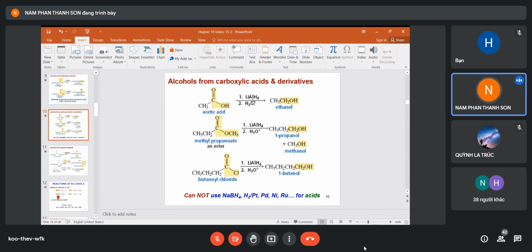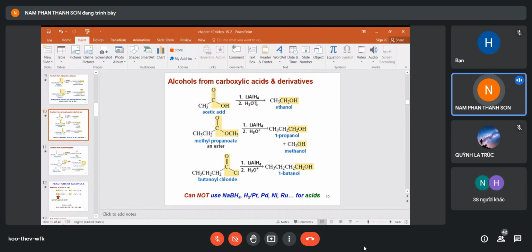LiAlH4 is the only reducing agent. I say again, LiAlH4 is the only reducing agent we can use for carboxylic acid, ester, and amide.